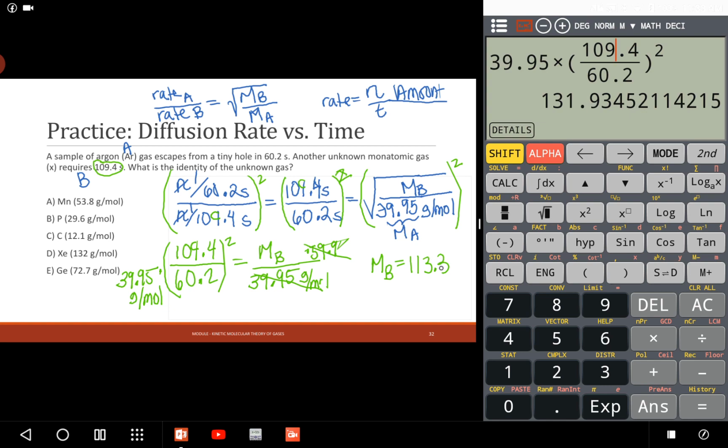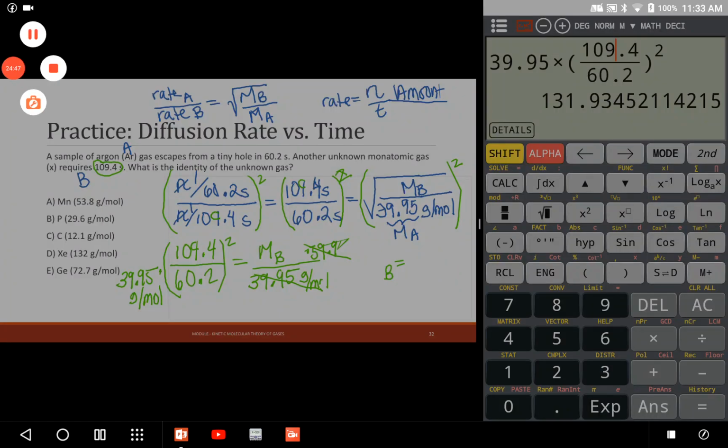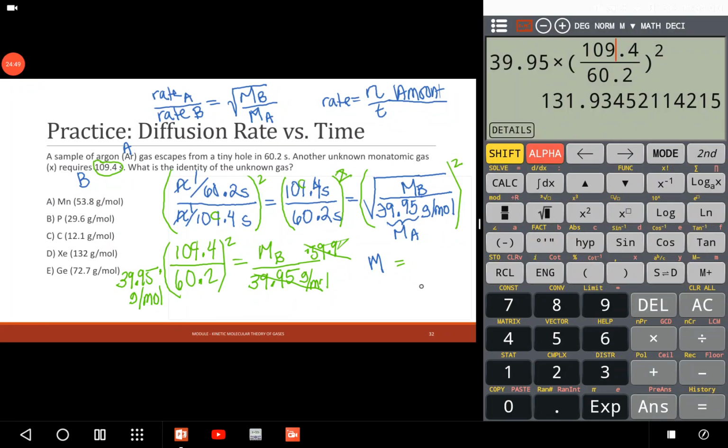It's 131, so that's 131.93 grams per mole. And so that is going to be matching xenon.